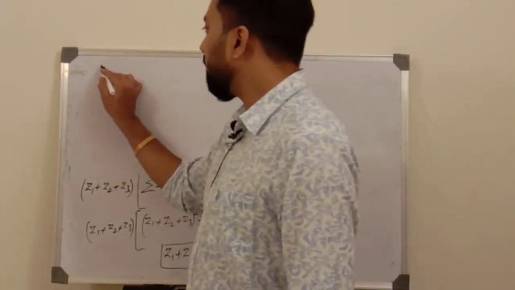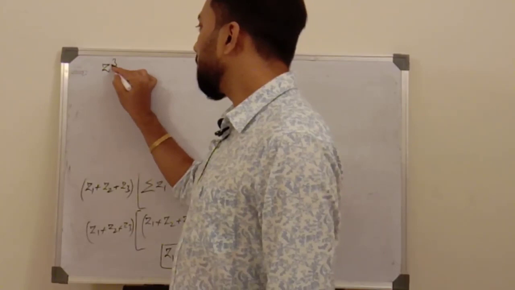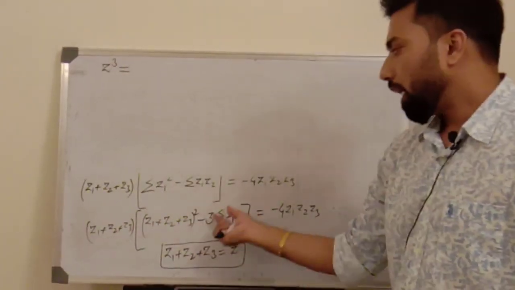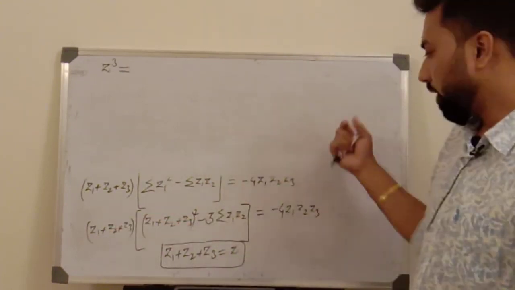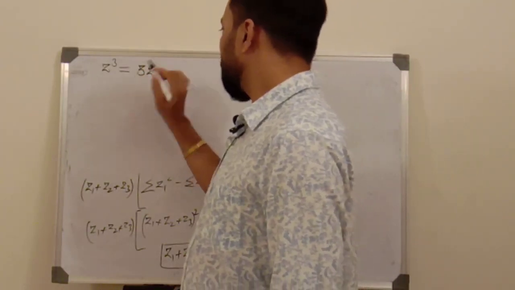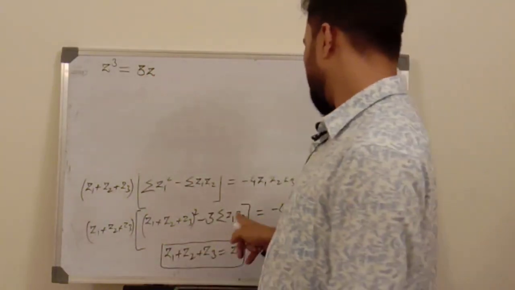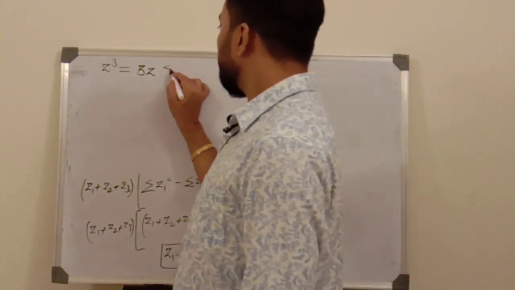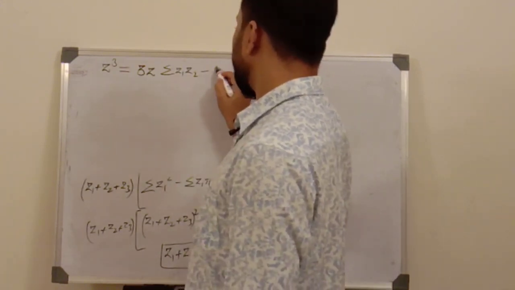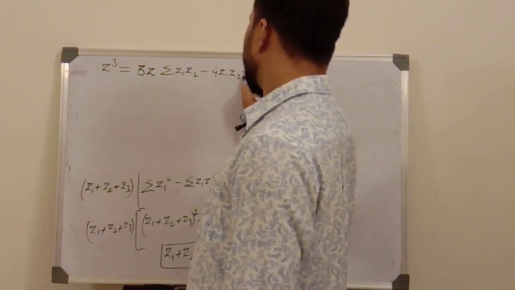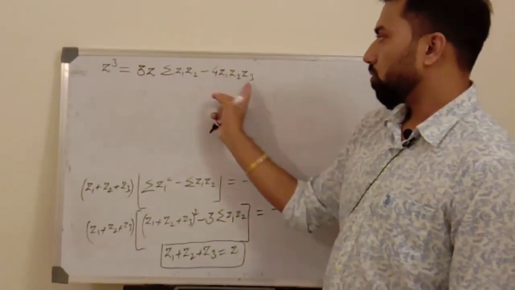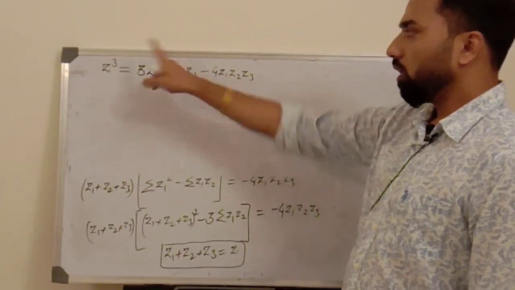On the left hand side I'm writing z cube is equal to, now this z gets multiplied with this one, and I'm taking this term on the right hand side. So you'll get 3z sigma z1 z2 minus 4 z1 z2 z3. So this will be the expression. Now from these two terms, I am taking z1 z2 z3 common out.